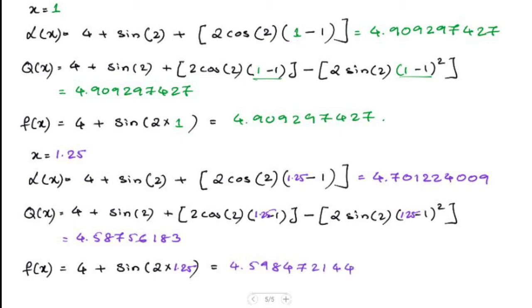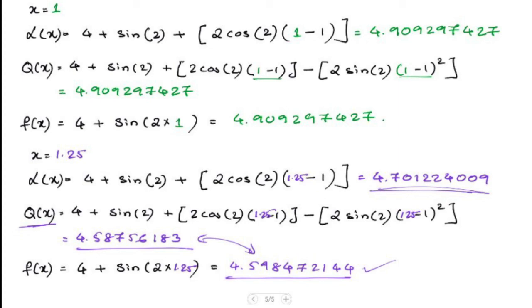and here we have 4.598472144. Now here again, as you can see, we have 4.59847, and here again we have 4.587. So these two are very close, which shows again that the quadratic approximation is closer to the actual value than the linear approximation, which is further.